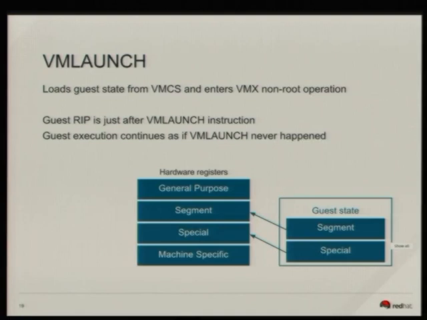VMLAUNCH just loads the state from VMCS into hardware registers. And because we have modified the instruction pointer to begin just after the VMLAUNCH instruction, the guest is going to think that VMLAUNCH maybe wasn't even executed, and is going to continue execution as if nothing happened.